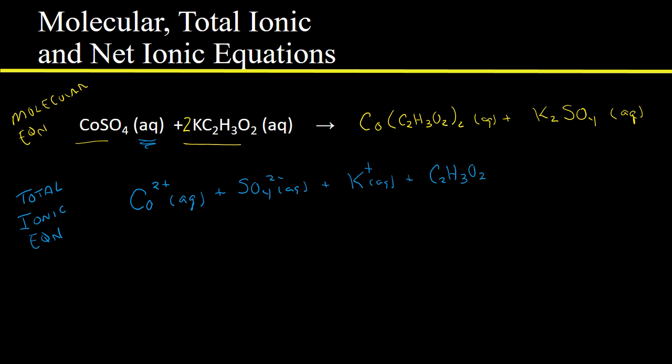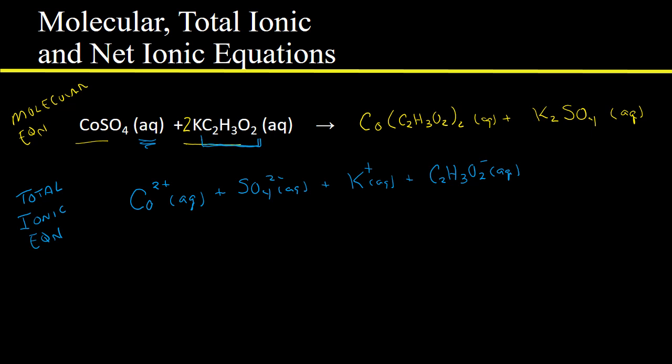Let me mention something here. When you break things up, when you've got electrolytes, break them up, but remember, as we said a couple videos ago, the polyatomic ions maintain their integrity. So we don't break that up into carbon, hydrogen, and oxygen. The acetate remains together. It just separates from the potassium.